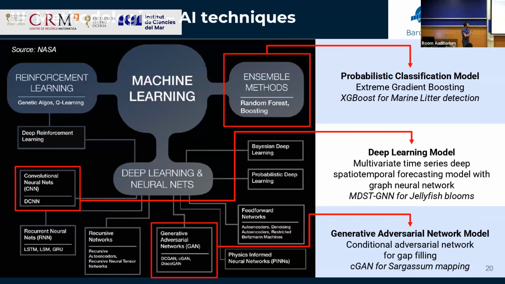In terms of the areas of tools that we are currently most interested in, we are working on probabilistic classification models based on extreme gradient boosting. This is particularly useful for the milliliter case because the challenge we have there is the classification of the pixels, trying to confirm what we have in each of the pixels within the image and separate it from false detections, which also happen.